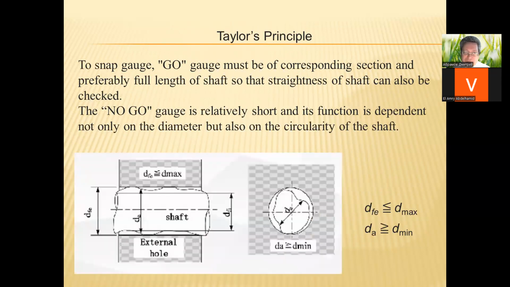For a snap gauge, the go gauge must have the corresponding section and preferably full length of the shaft so that straightness of the shaft can also be checked. The no-go gauge is relatively short and its function depends not only on the diameter but also on the circularity of the shaft.